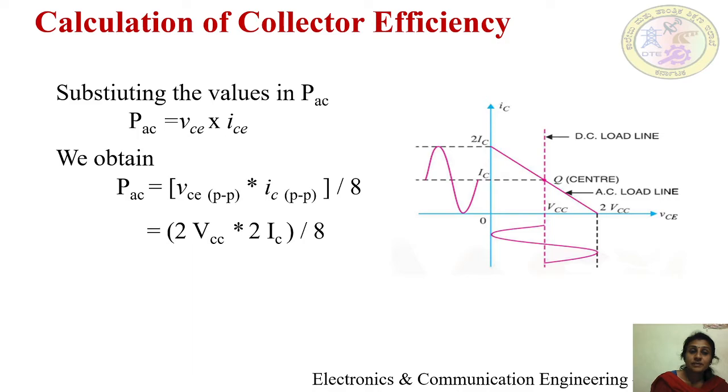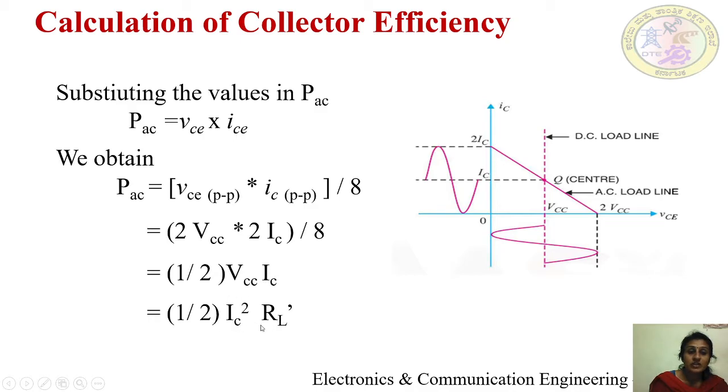VCE peak to peak is 2 VCC and IC peak to peak is 2 IC, divided by 8. 2 into 2 is 4, and 4 by 8 is 1 by 2, so PAC is 1 by 2 into VCC into IC. As seen earlier, VCC into IC can also be written as IC square into RL dash.